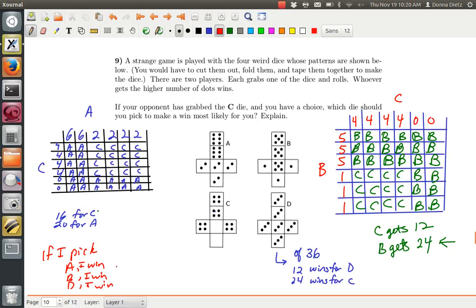If I pick A over C, I win 20 over 36. If I pick B, I win 24 over 36. And if I pick D, I win 12 over 36, and this is my best bet.